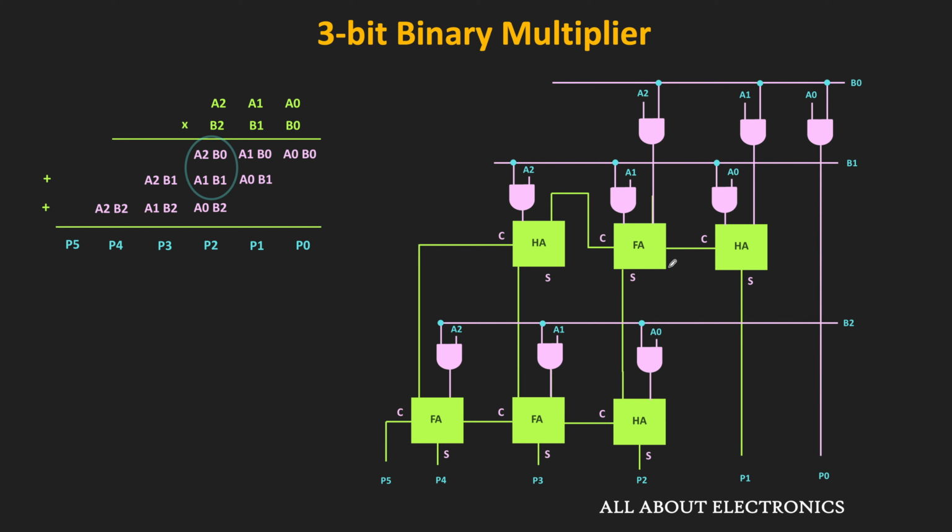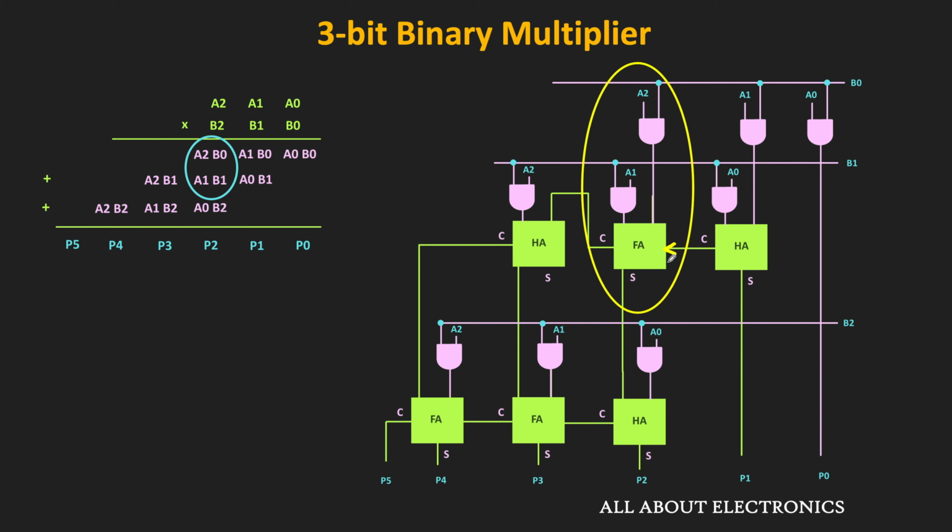So similarly, this A2B0, A1B1 and the carry generated from the previous stage can be added with the help of the full adder. So as you can see, using the two AND gates, this A2B0 and the A1B1 are generated, and they are given as an input to this full adder. Apart from that, the carry from the previous stage will act as a carry input for this full adder.